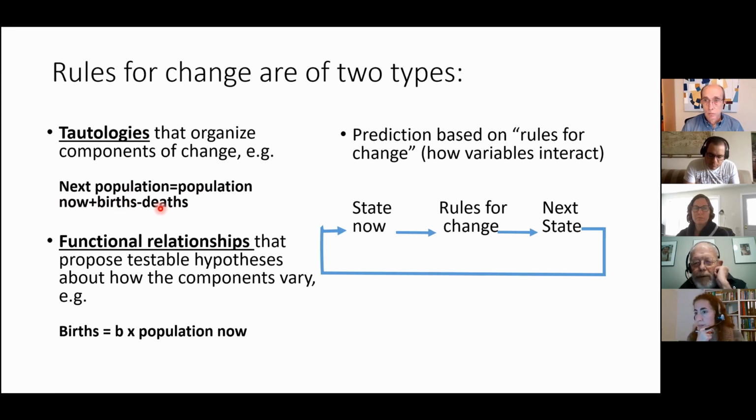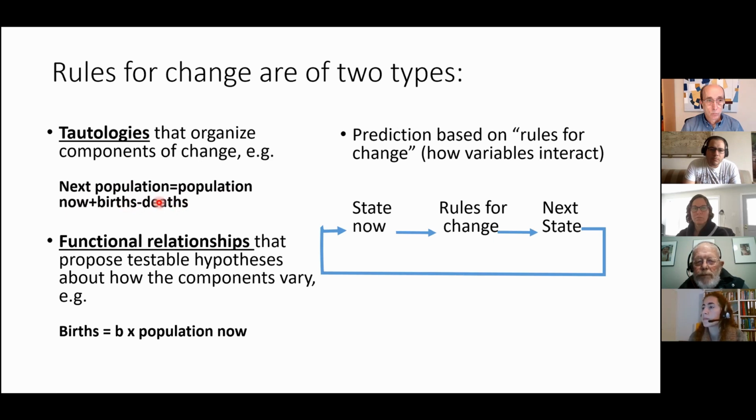Something had to be wrong in the way you define those things. Now, a tautology is a statement that's true by virtue of the way you use the words in the sentence, and an equation is a sentence. Why bother to express such truisms? Well, the reason for it is that what tautologies do is to break the problem of prediction into components.